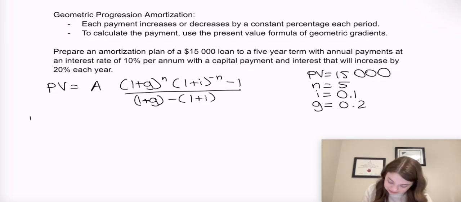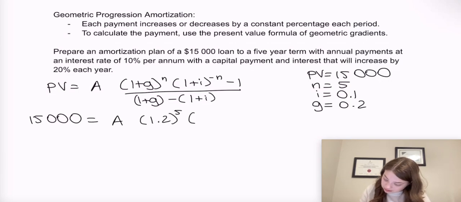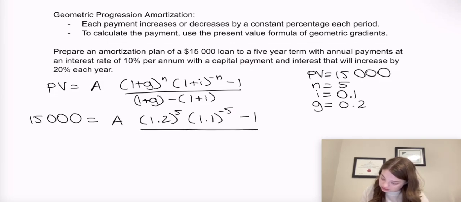So that means $15,000 is equal to A times 1.2 to the power of 5 times 1.1 to the power of negative 5 minus 1, all over 1.2 minus 1.1, which we could just write as 0.1. First, I'm going to find the coefficient for A, which is all of this.